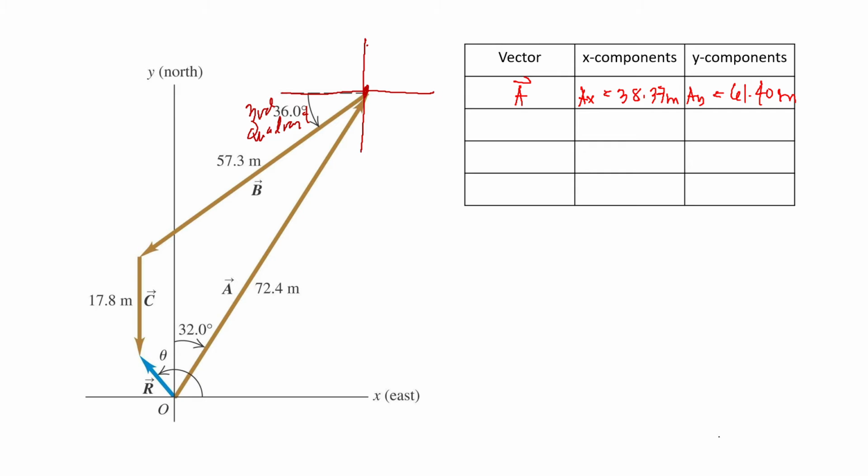So let me draw your vector B like this at the third quadrant, okay? So here, and then your vector B is 57.3 meters, at an angle of 36 degrees.